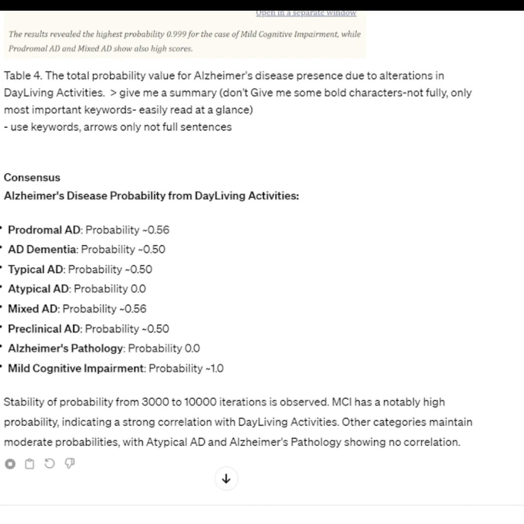Stability of probability from 3,000 to 1,000 iterations is observed. MCI has a notably high probability, indicating a strong correlation with daily living activities. Other categories maintain moderate probabilities, with atypical AD and Alzheimer's pathology showing no correlation.